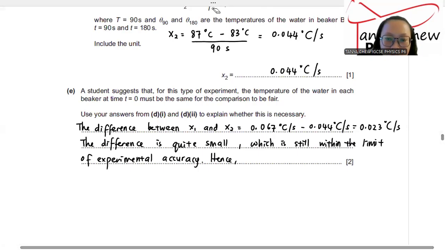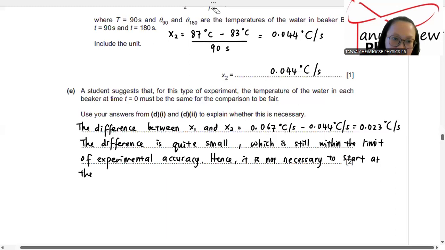Hence, it is not necessarily necessary to start at the same temperature. That's it.